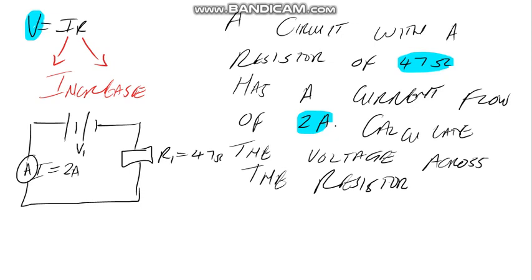To calculate the voltage, you say V is equal to I times R. You're given I, which is 2, times 47.